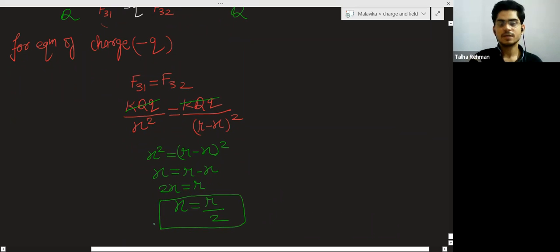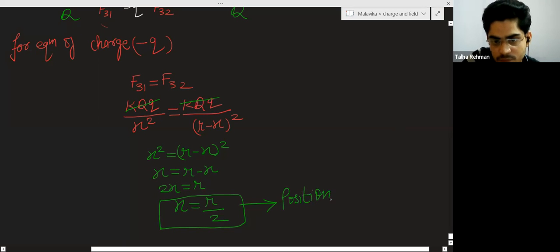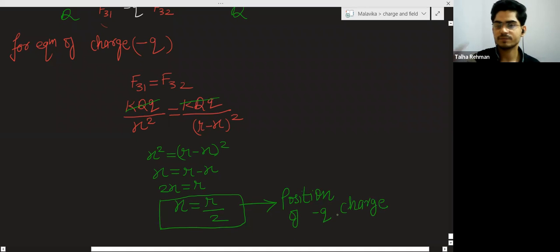This is the position of minus q charge. We have found the sign of the charge. Sign of the charge was negative.